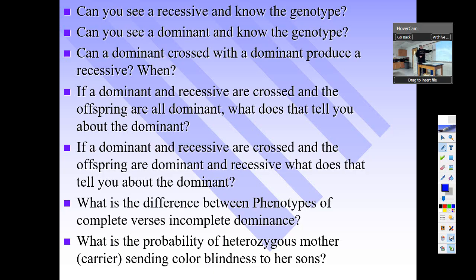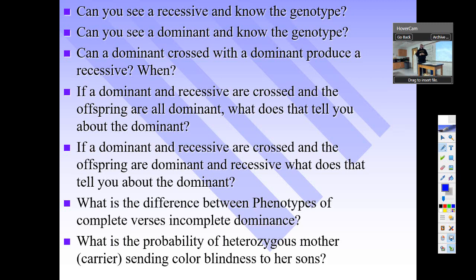If a dominant and a recessive are crossed and the offspring are all dominant, what does that tell you about that parent? A dominant and a recessive were crossed. What does that tell you about the dominant parent in terms of their letters, their genotype?